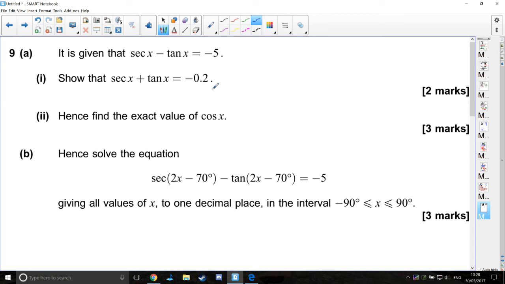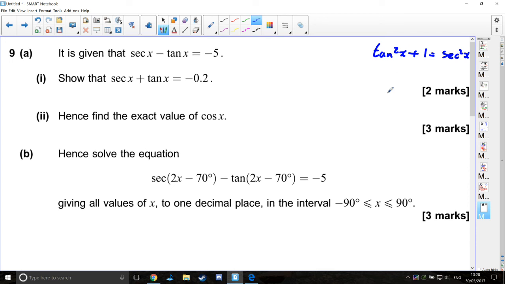You may be thinking, well, I know an identity using sec and tan, well, both of them squared, that is, and that is tan squared x plus 1 is sec squared x. Now you can either learn that by rote, or you can derive it from the sine squared plus cos squared equals 1 by dividing through by cos squared.